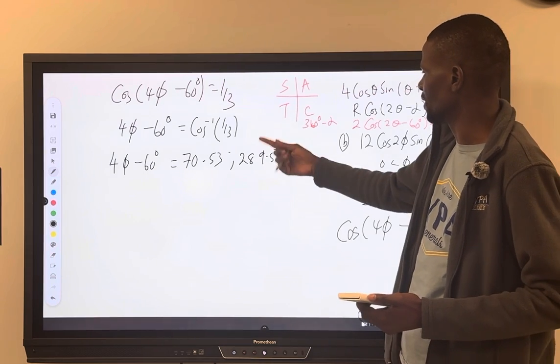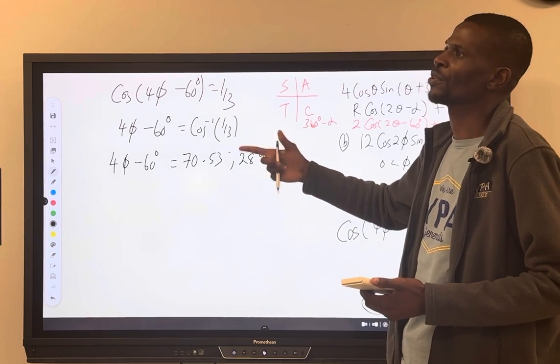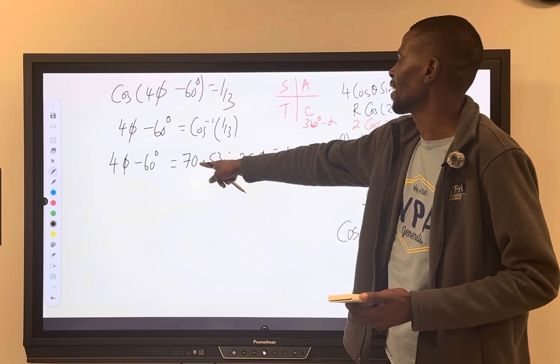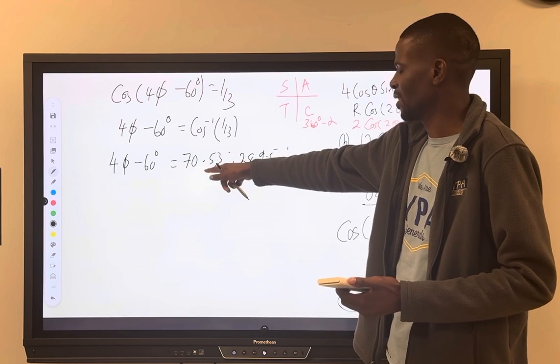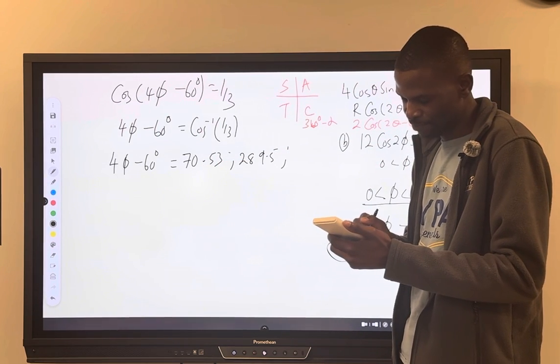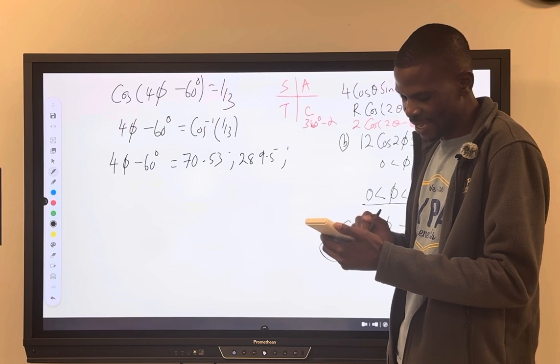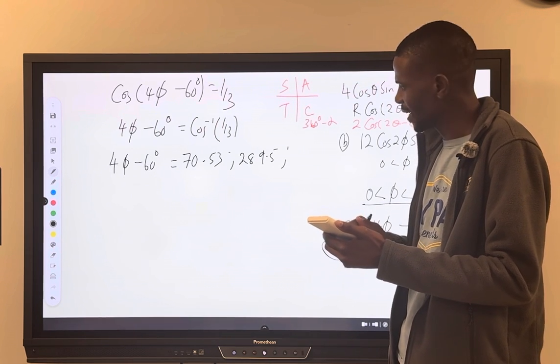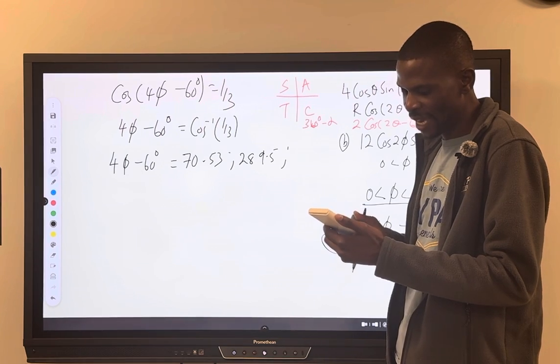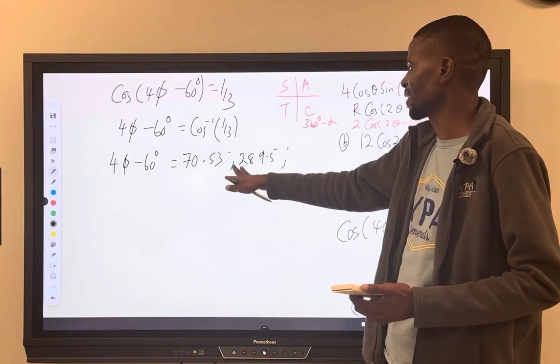All right, but remember, guys, we want all solutions in this range, so it doesn't necessarily help to add multiples of 360, because it will be outside the range. If I add 360 here, I get 430, add 60 and I get 490, and divide that by 4 I get 100-something, which is way above. So let's just keep these two.